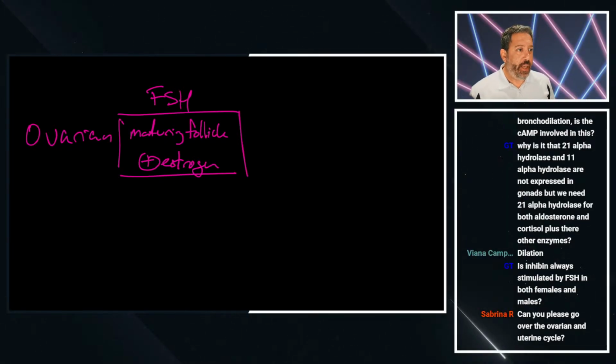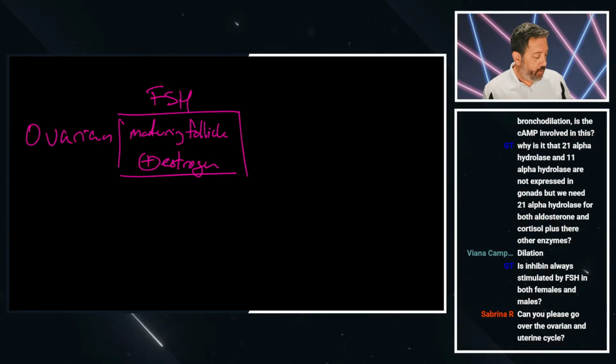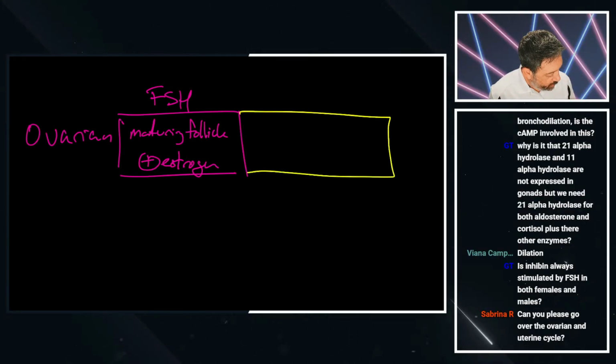Estrogen normally has a negative feedback, but when you start getting the follicle becoming more and more mature, these theca cells start dumping out a ton of estrogen, and we get a surge in estrogen. This estrogen surge goes above threshold. And it causes the LH surge. And this is where ovulation occurs.